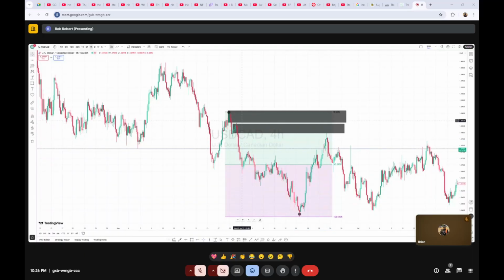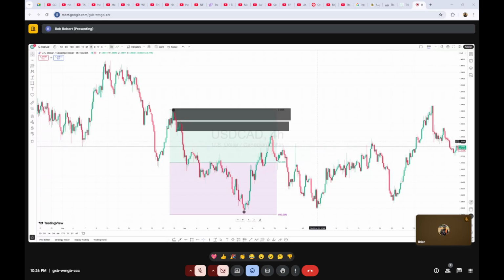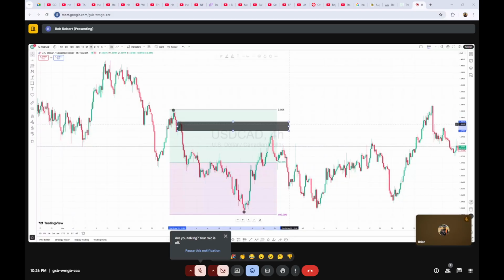So you have these two zones. Easy here. So what you're supposed to do is set your sell limit here and then wait and see the market, because let me delete this.